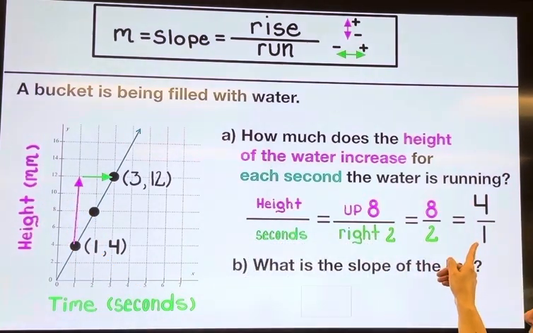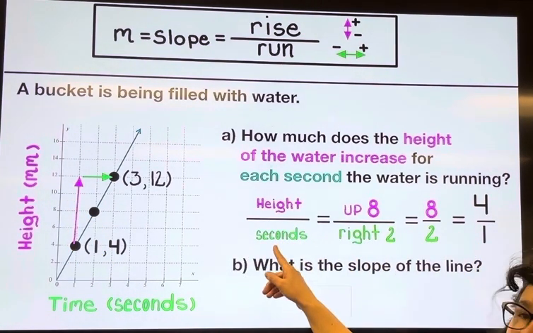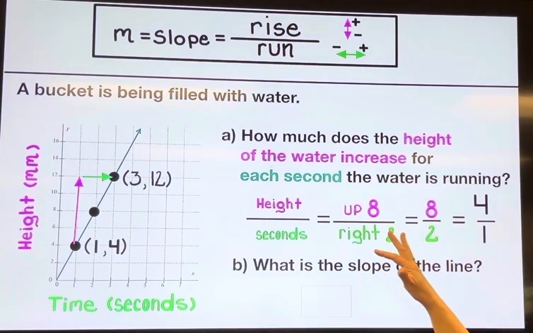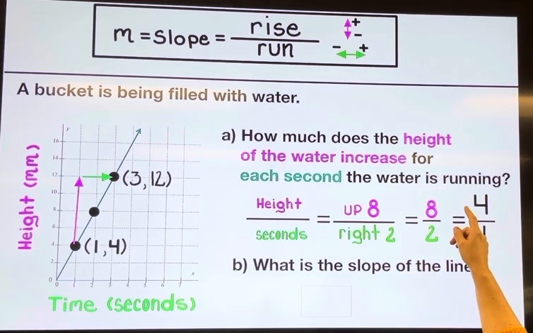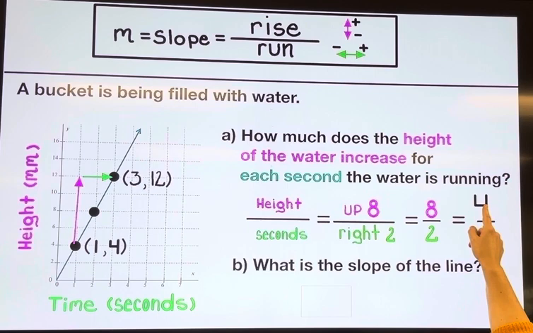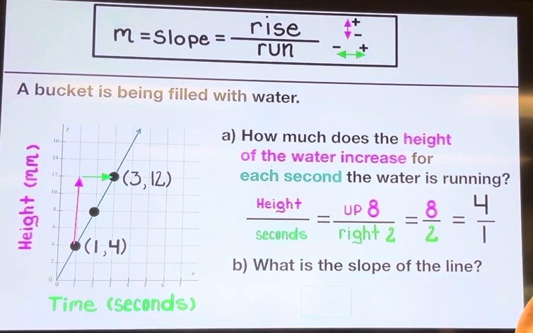The number in the denominator is about seconds, and it's positive, so we are going up, increasing 4 millimeters per 1 second. What we've also found here is the slope, but I'd like to simplify. 4 divided by 1 is equal to 4.